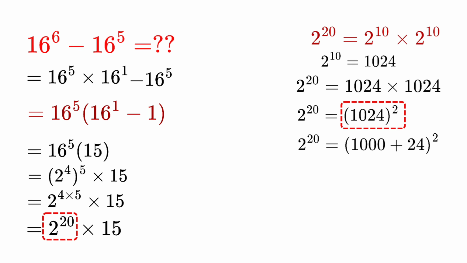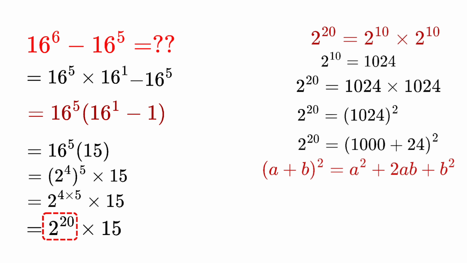Yes, because now we can use the binomial expansion formula. That is, (a plus b) whole squared equals a squared plus 2ab plus b squared. This formula tells us that when we square a sum, we get 3 terms: the first number squared, plus twice their product, plus the second number squared.